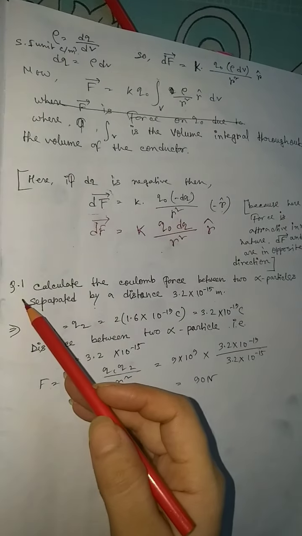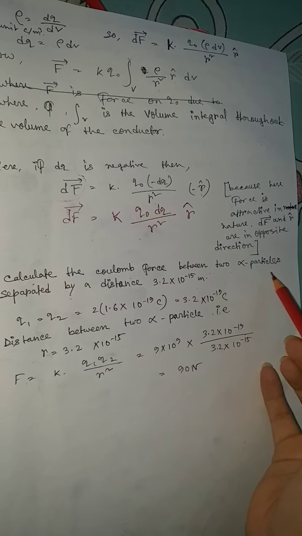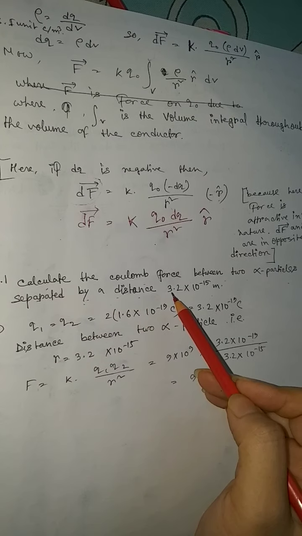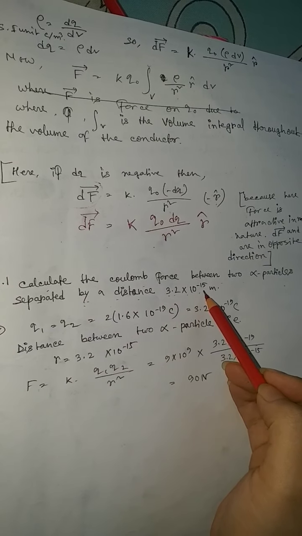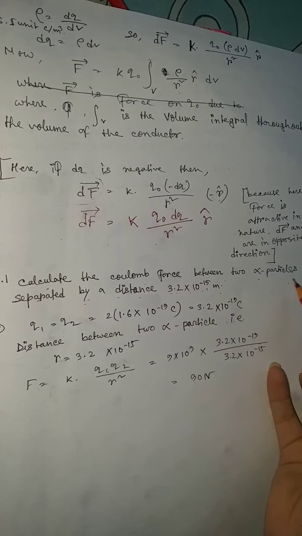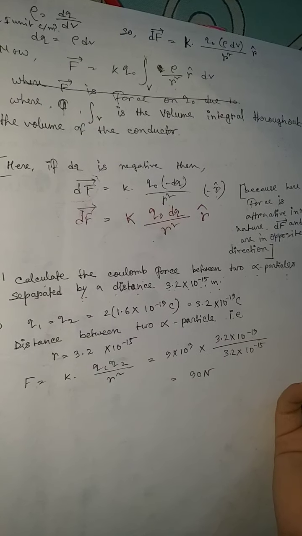So here is one numerical: calculate the Coulomb force between two alpha particles separated by a distance 3.2 into 10 to the power minus 15 meter. Alpha particles means helium ions.